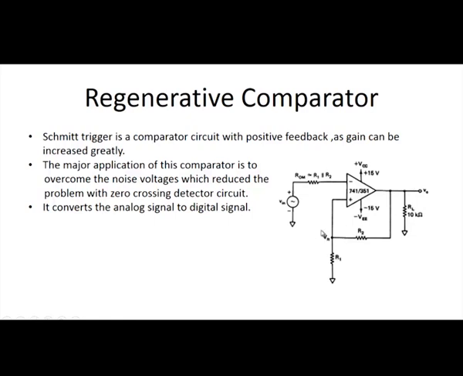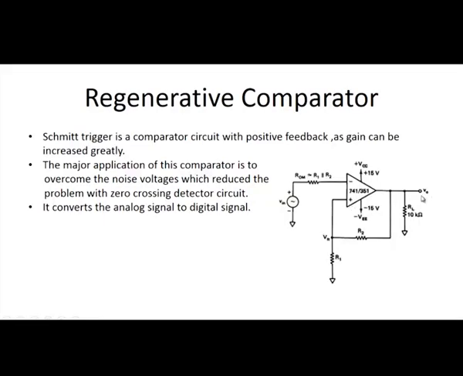Now we have to calculate what the voltage is at the positive terminal when the output of the regenerative comparator is plus V saturation, and what the voltage is at the positive terminal when the output of the regenerative comparator is negative V saturation. In some cases the reference voltage will also be given, so we will consider a reference voltage for analysis.